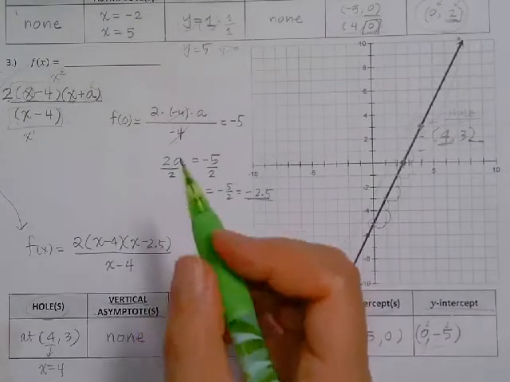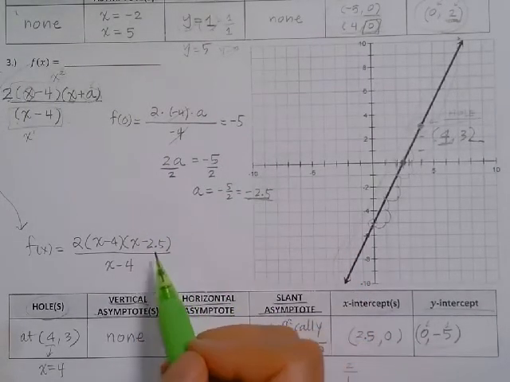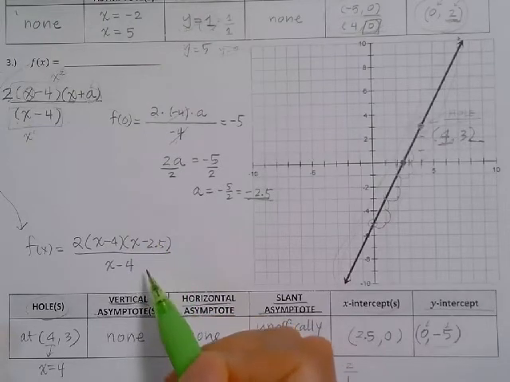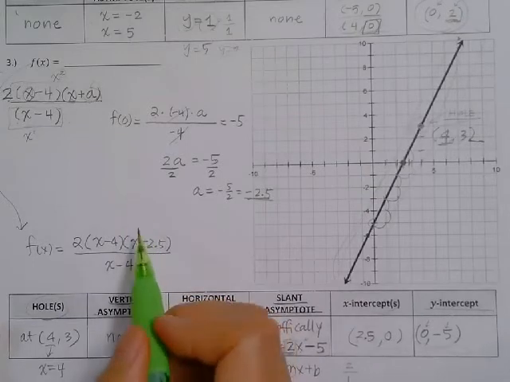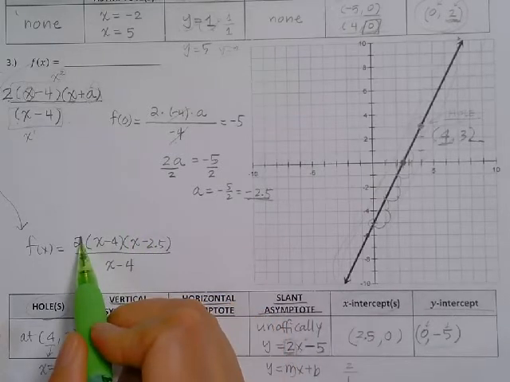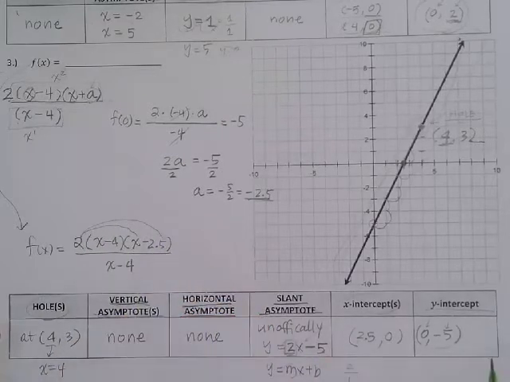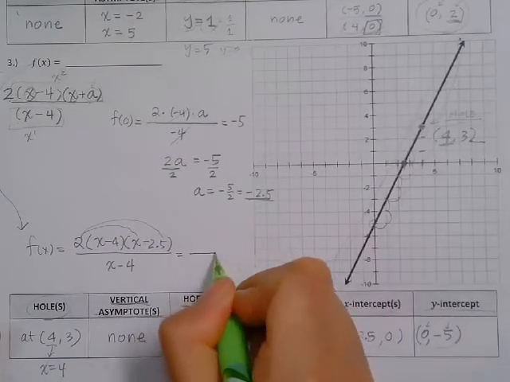But if you get bothered by the unconventional value that you see, it's totally fine that you notice 2 is in front of it, and then you can distribute it into this second parenthesis. This is totally fine too.